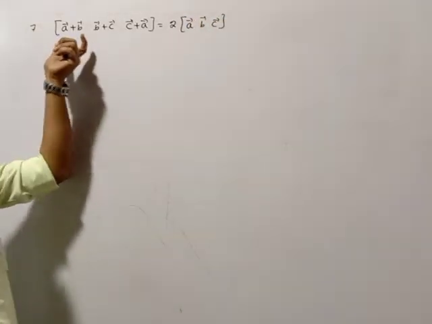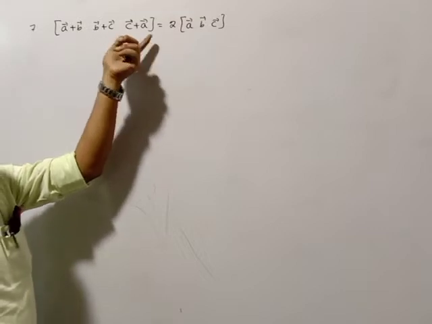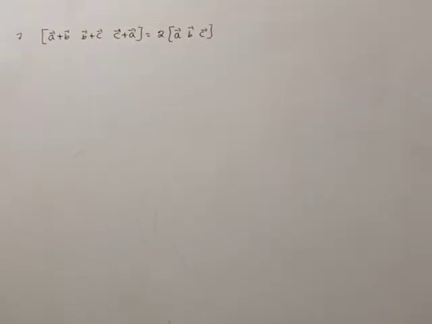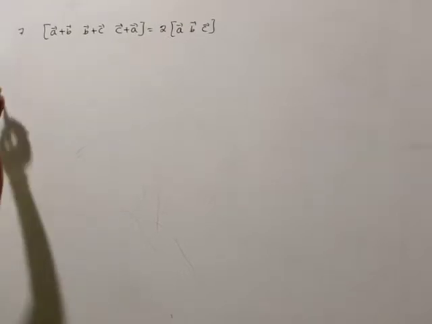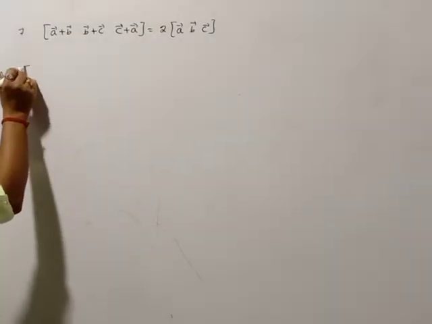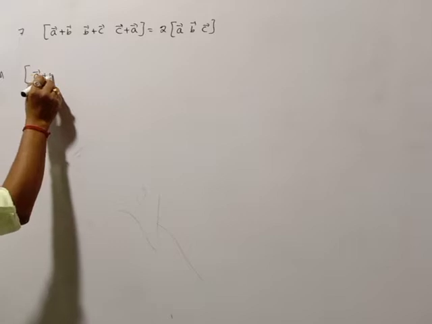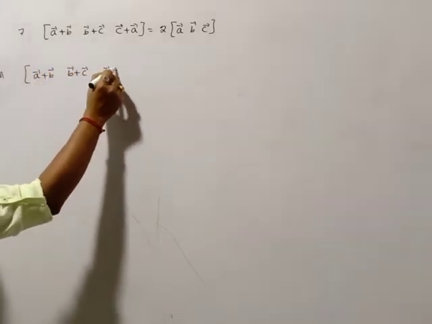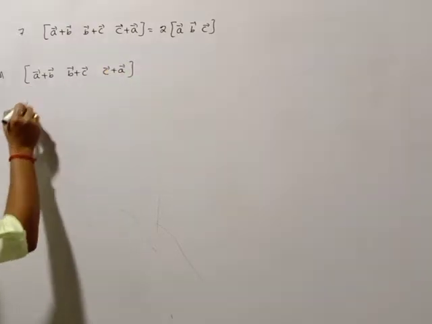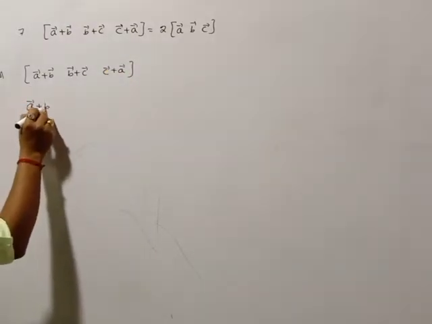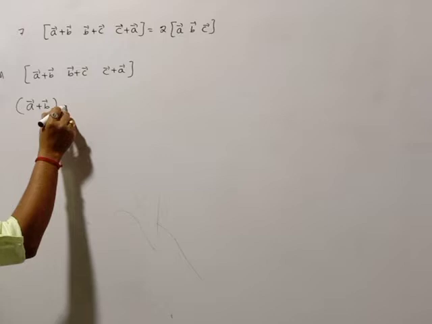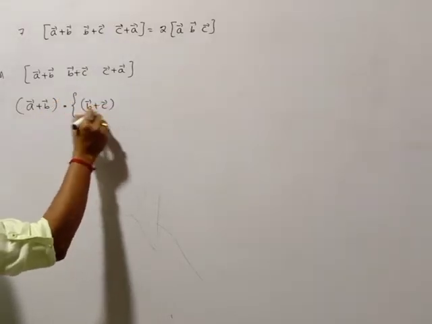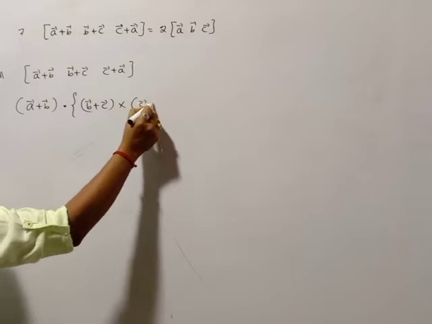So box of A bar plus B bar, B bar plus C bar, C bar plus A bar is equal to 2 into box of A bar, B bar, C bar. Now how to simplify, using the box formula: A bar plus B bar dot bracket open B bar plus C bar cross C bar plus A bar.